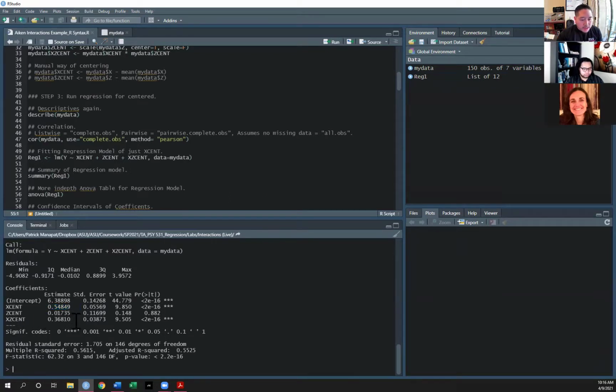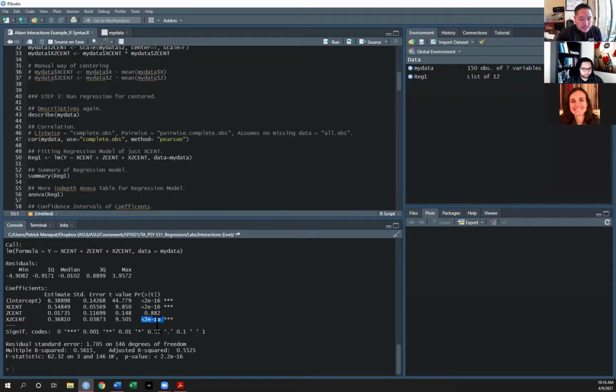The first thing we want to look at is, is the interaction significant? Here, our p-value is really, really small. So we can say there's a significant interaction between x and z, such that the relationship between x and y is partly dependent on the value of z.